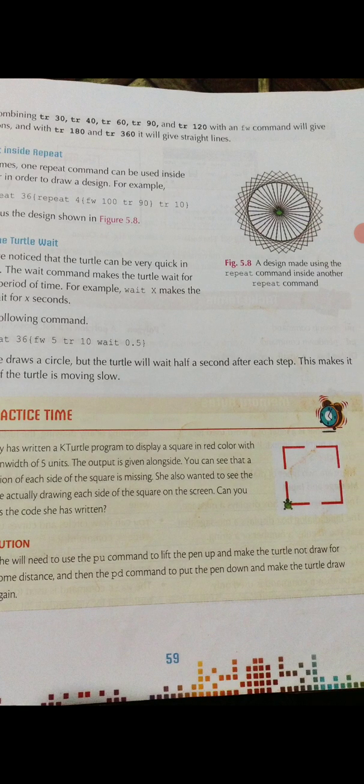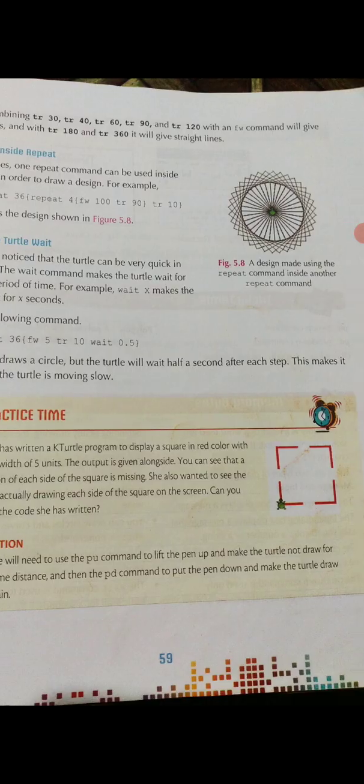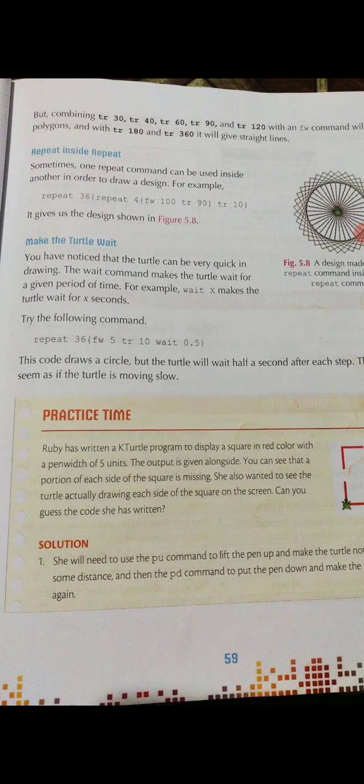Now here wait 0.5 means that the turtle is going to wait for half a second before displaying any command. Clear? This makes it seem as if the turtle is moving slow.